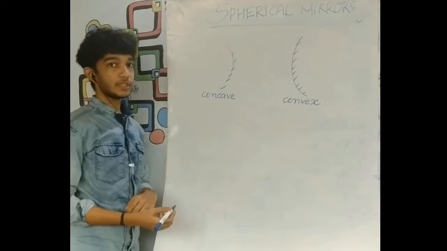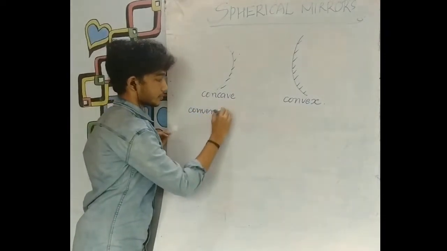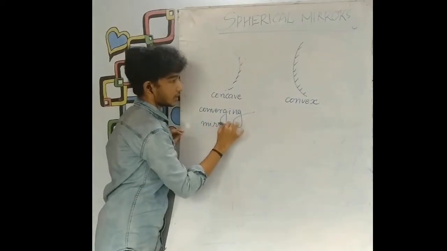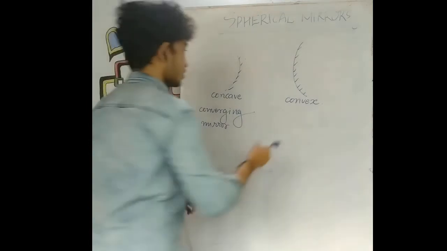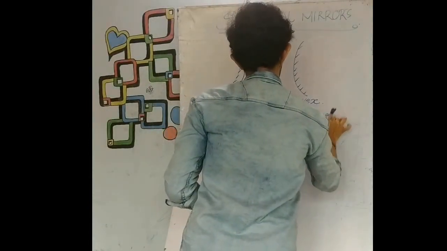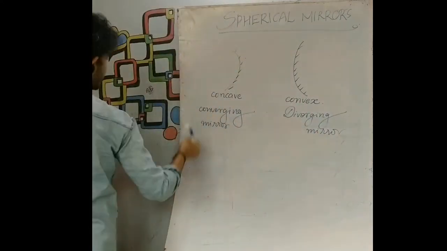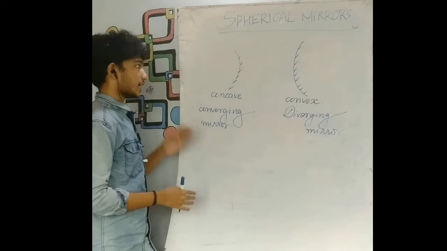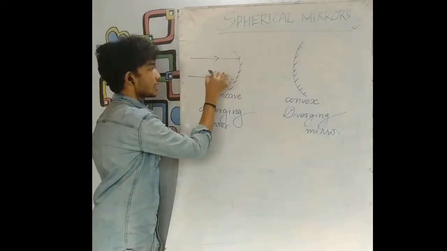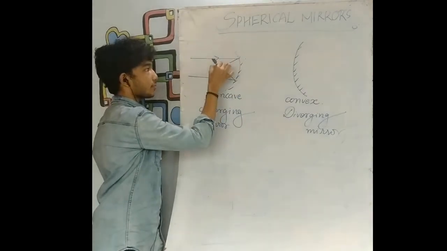This concave mirror is also known as a converging mirror, while a convex mirror is also known as a diverging mirror. Why is the concave mirror known as a converging mirror? When a beam of light is incident on a concave mirror, after reflection they meet at a point.